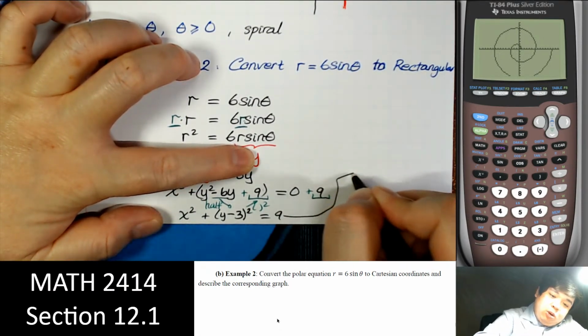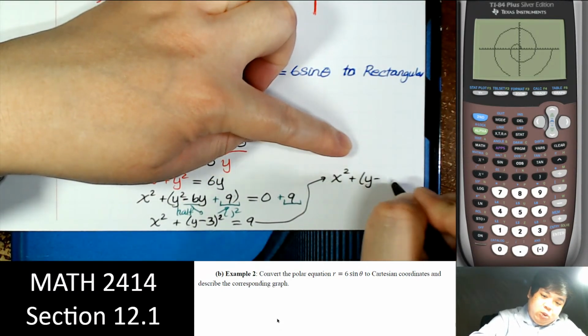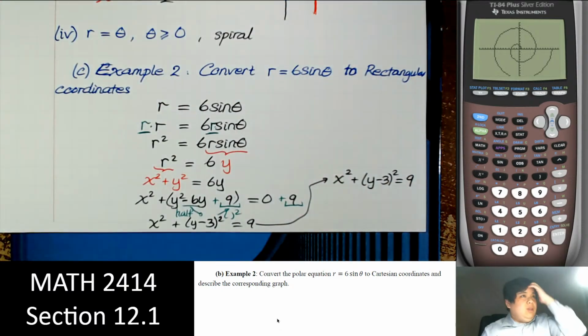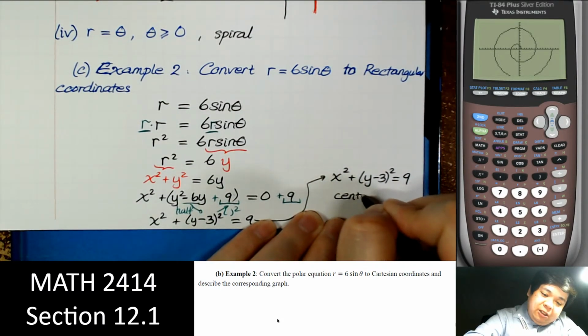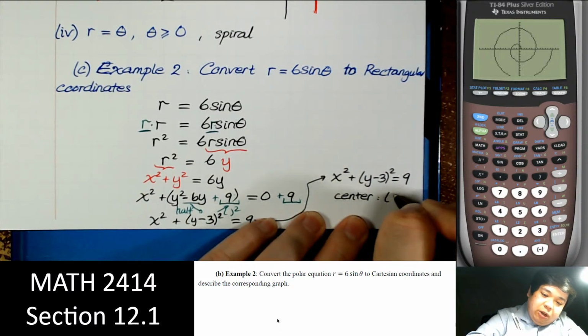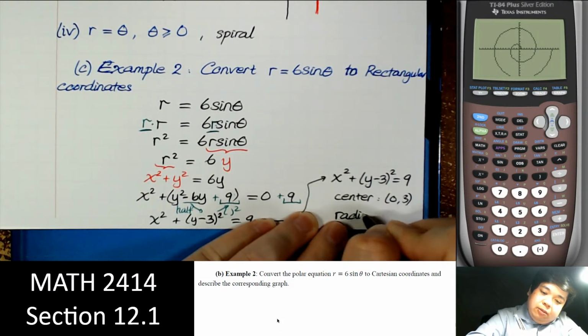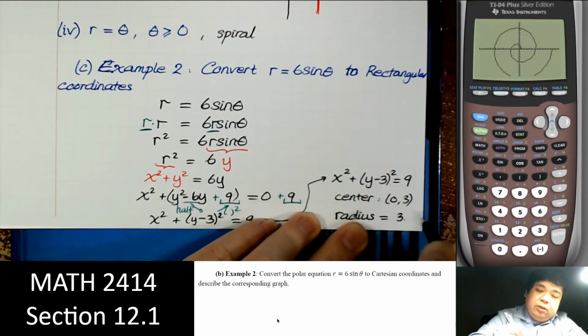So the bottom line is we have x squared plus (y minus 3) squared equals 9, which is a circle, center (0, 3), and the radius 3.